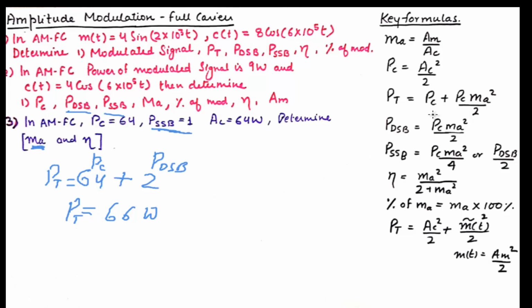MA can be found from this. PC is 64. So this is going to be 66 is equal to 64 plus 64 into MA square upon 2.